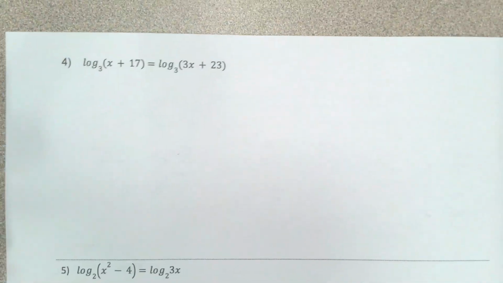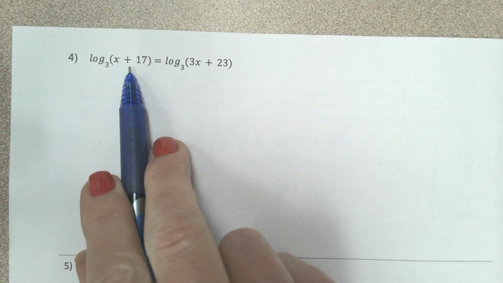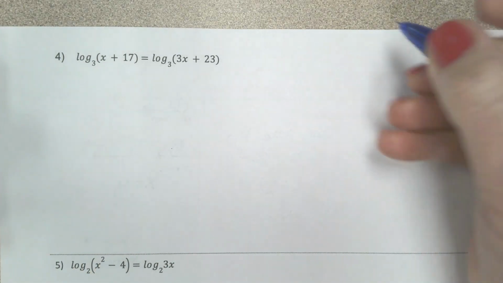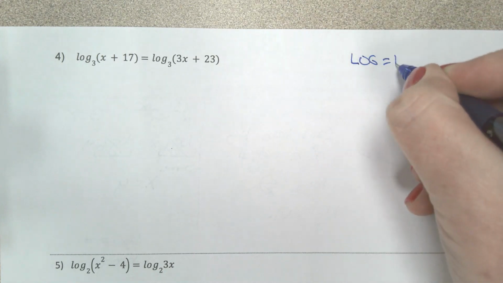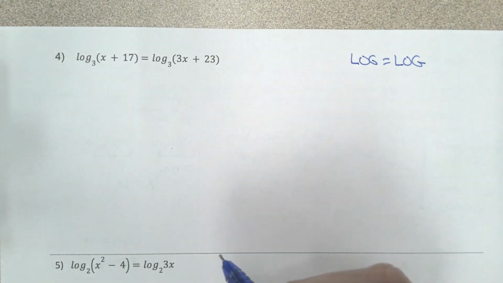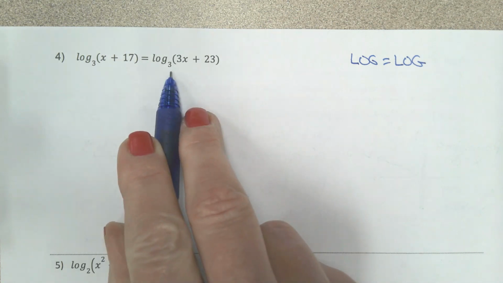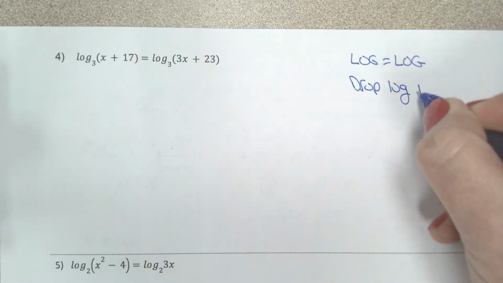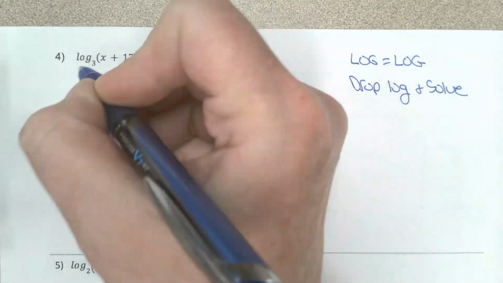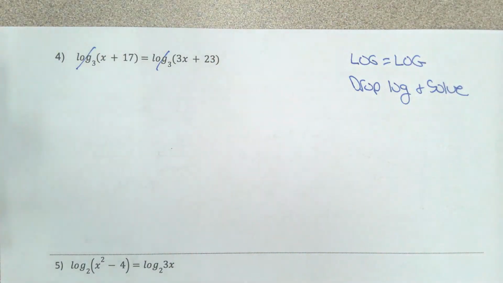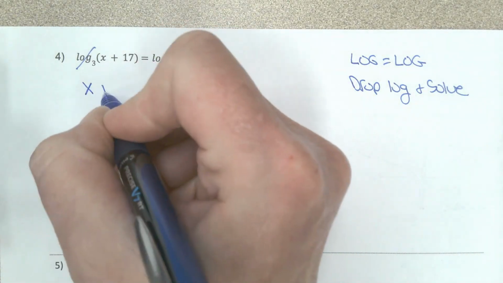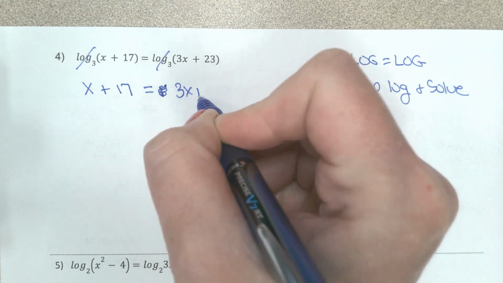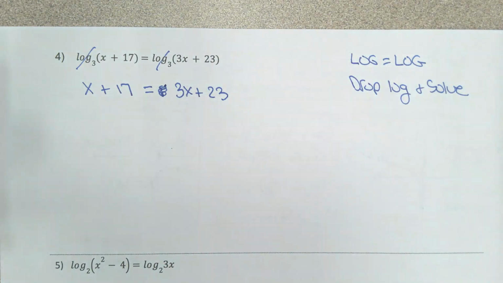So on number 4, I have log base 3 of this equals log base 3 of this. So I have it in the form log equals log, and they are each base 3. So I'm going to drop the log and solve. Those two cancel each other out, and I have x plus 17 equals 3x plus 23.